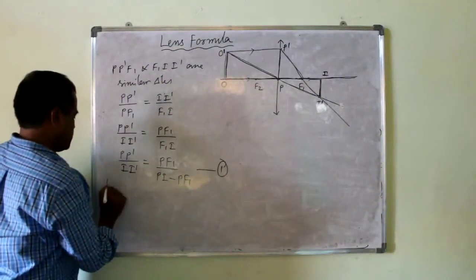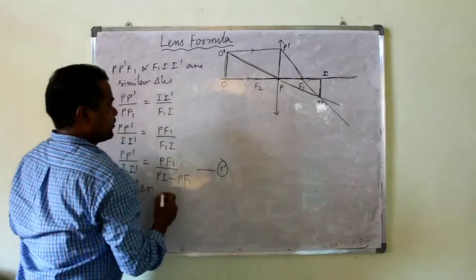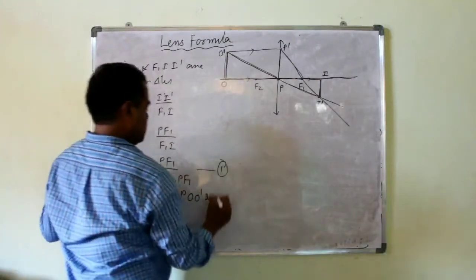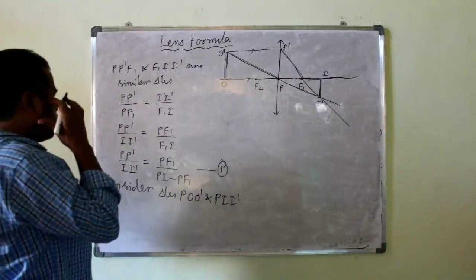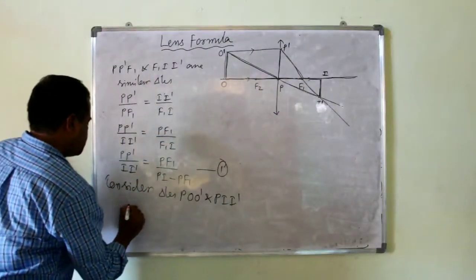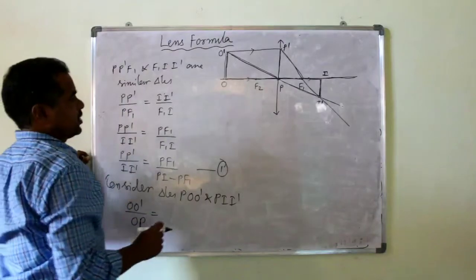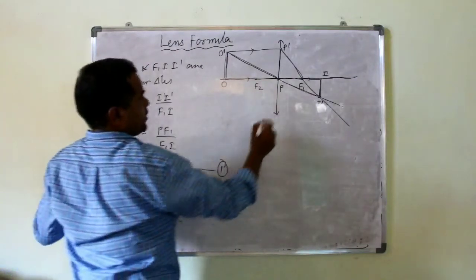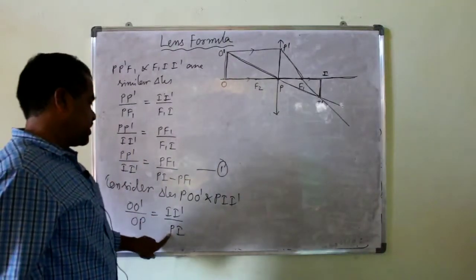So consider another pair of similar triangles, PO' and PI'. So PO' by OP is equal to the corresponding sides I' by PI. O' by OP is equal to I' by PI.